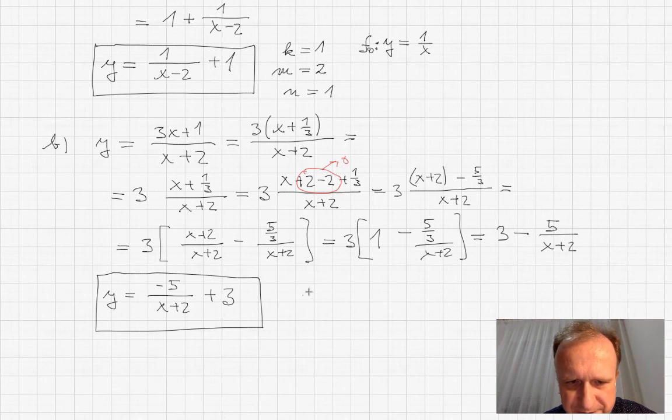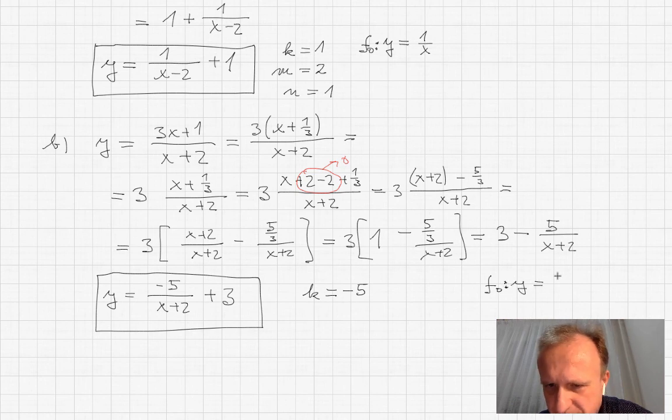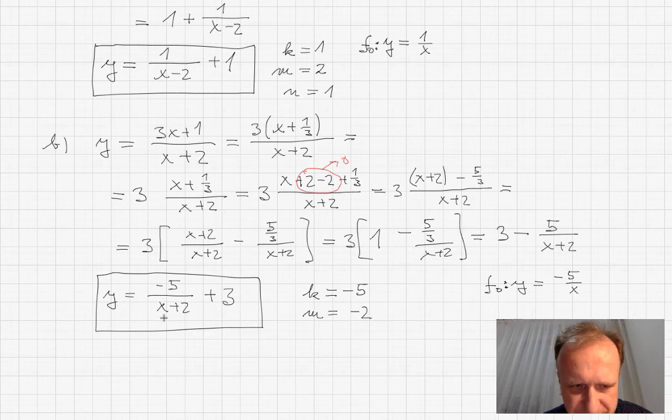And you may notice that k in this case, this number here, is minus 5. So it means that the graph of the original function f sub 0, which is in this case y equals minus 5 over x, that the graph of this original function that we are going to shift will sit in the second and in the fourth quadrant, and it's shifted by m, which is negative 2, because this number here is just x minus minus 2.